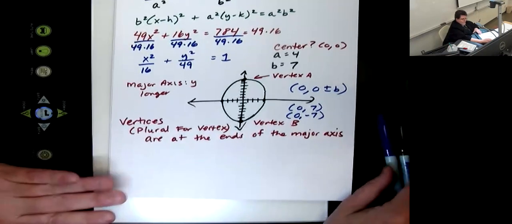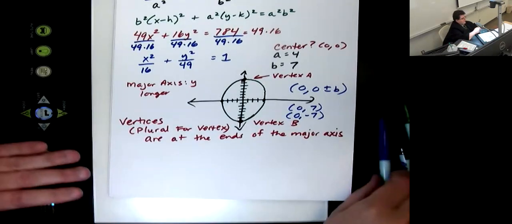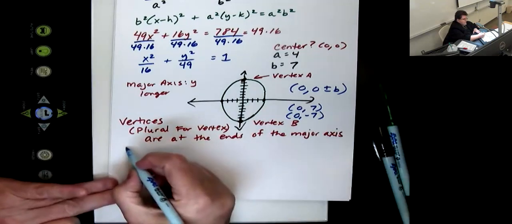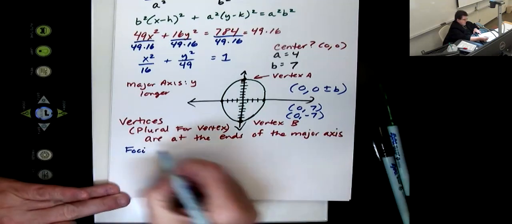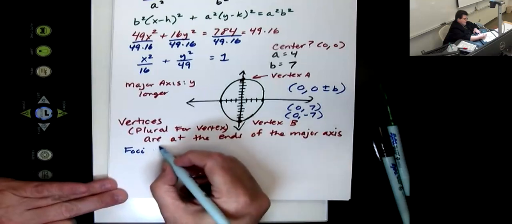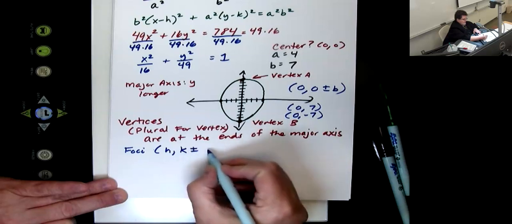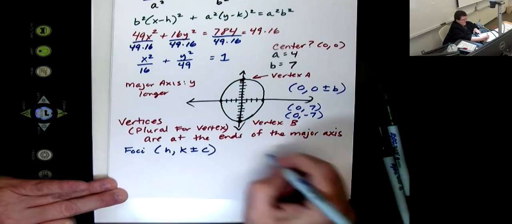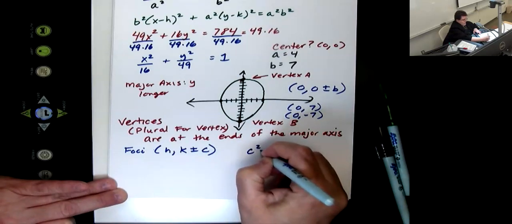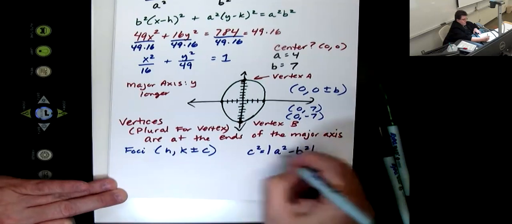What about the foci? The foci are along the major axis as well, but they are plus or minus c, where c is found by doing c squared is the absolute value of a squared minus b squared.